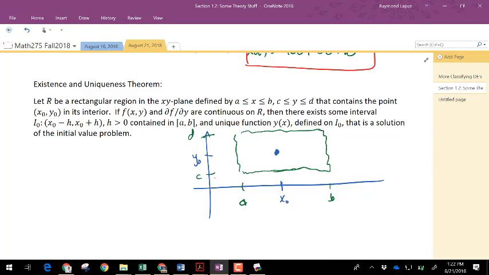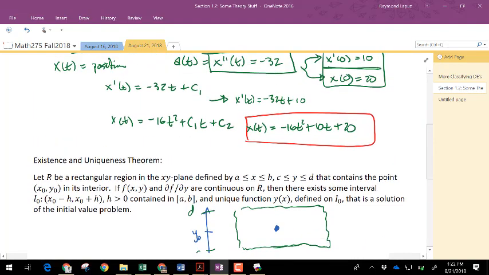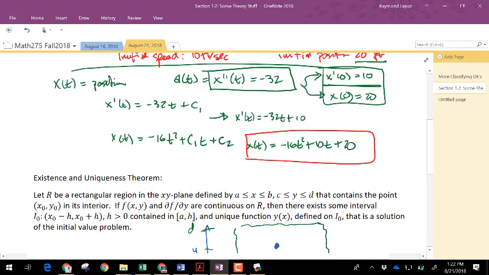Okay, so we might not be concerned about all real numbers. Like in this example that we have with this projectile motion, we don't care about negative time usually. Like in this problem, we're not going to care about what happens when t is less than 0. So let's say our region is just going to be from 0 to infinity.